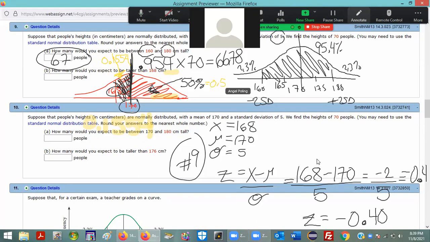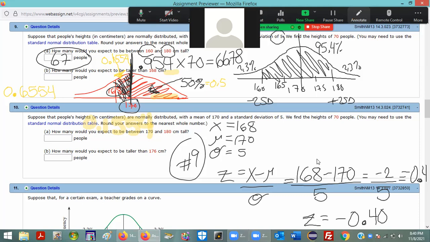So this time we're getting a percentage of 65.54, which is the percentage of people that we're expecting to be taller than 168 centimeters.